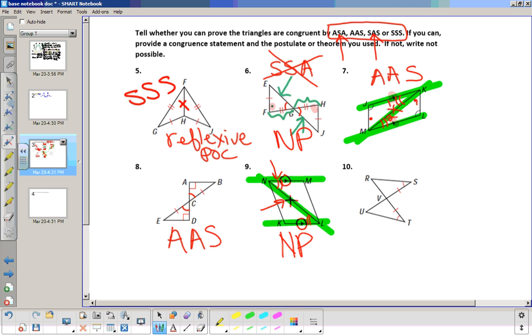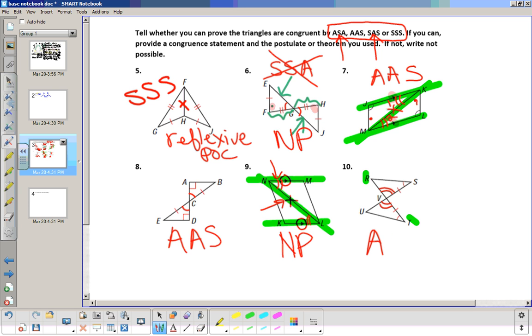Okay? And finally, number 10, we've got vertical angles. Some people I saw said angle, angle, side, and yet they didn't indicate anything at R or T. I will likely not give any credit for that, because it's that side in between the angles.